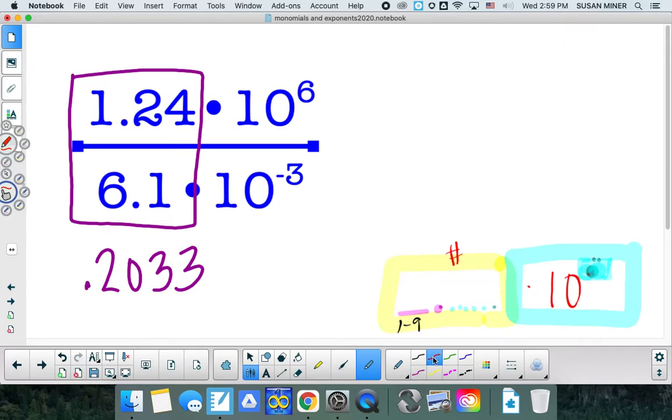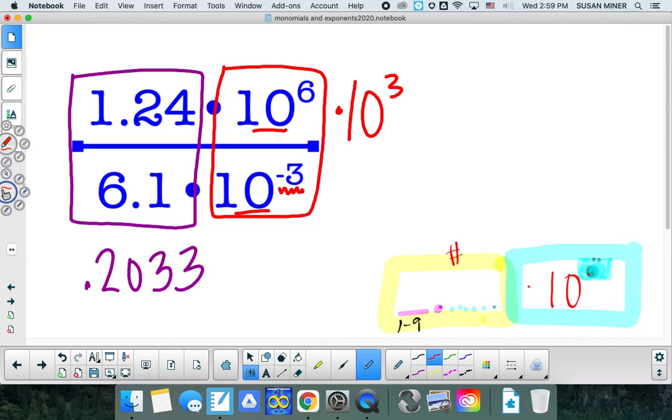Now I'm just going to look at my exponent part, my base tens. This is a 10 and this is a 10, so I can use my exponent rules in order to combine these. My exponent rules say if I have a negative exponent, I need to move it to the opposite location.